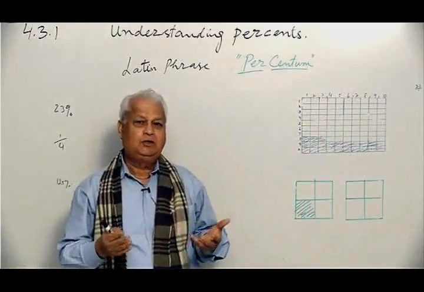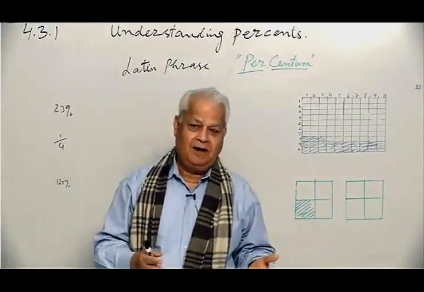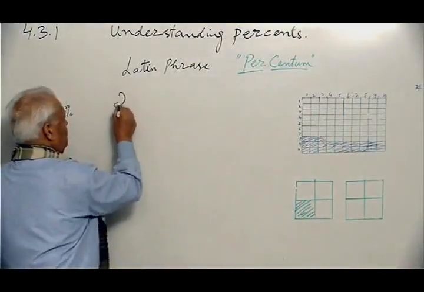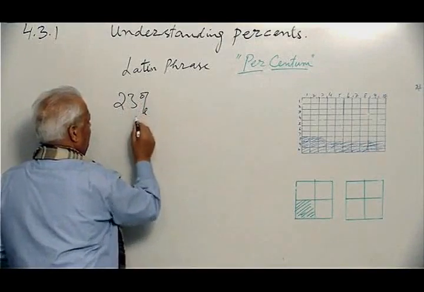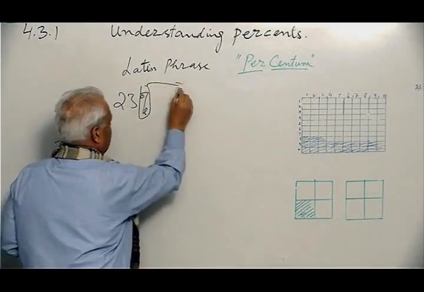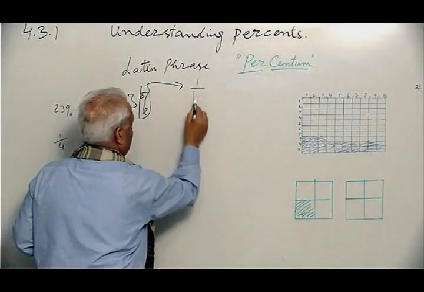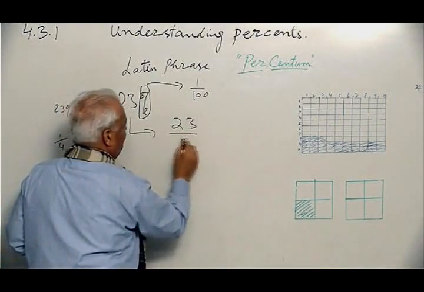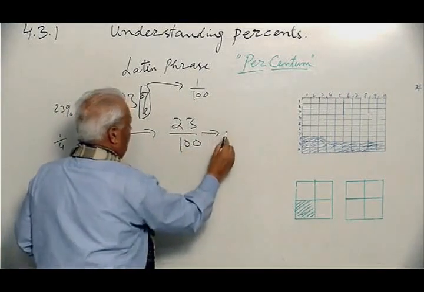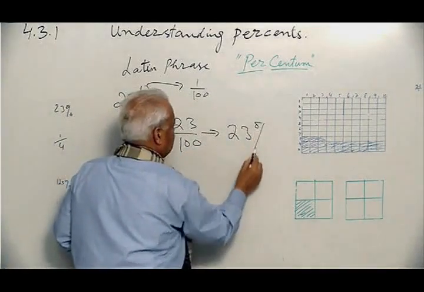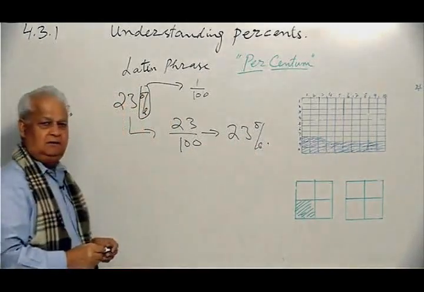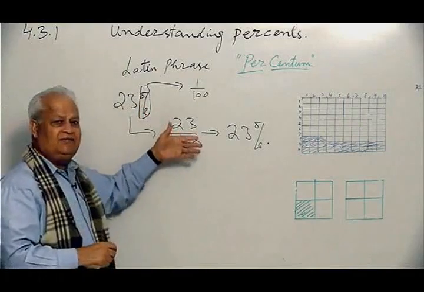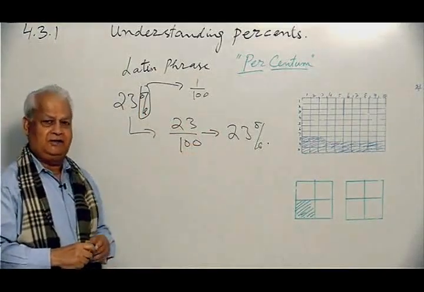We express that as 23% are shaded. So when you say 23%, percent means out of 100. And we write it as a fraction and say 23 out of 100, or we write it as 23%. So every percentage means a fraction with the denominator 100.